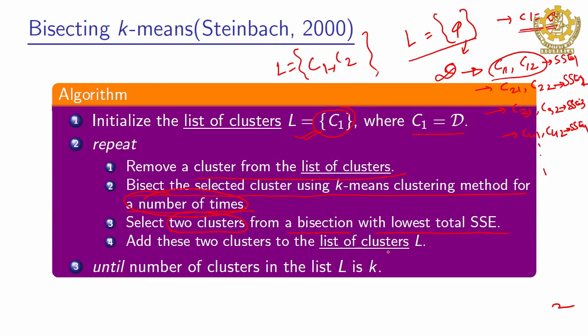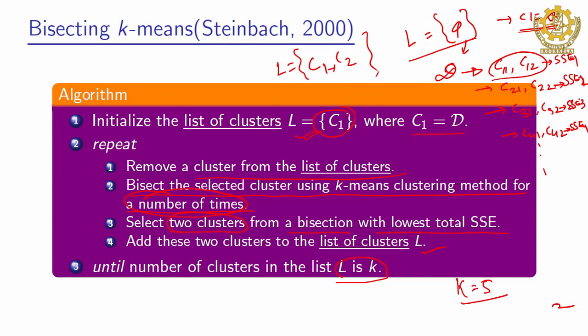Add these 2 clusters to the list of clusters L until the number of clusters in the list L is k. Suppose you have taken k equal to 5. The number of clusters is 2, so you have to repeat this step. What is this step? Remove a cluster from the list of clusters.